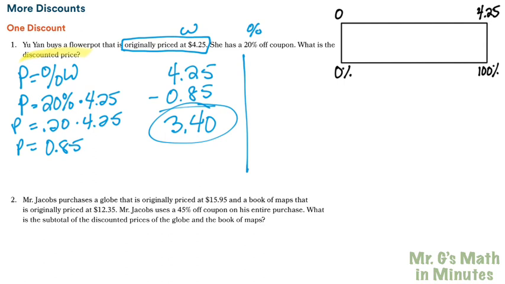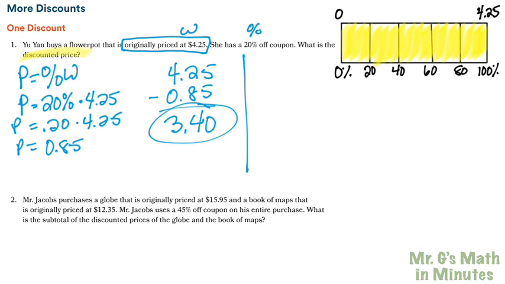And if they're taking 20% off, to go from 0% to 100% and get to 20, we would need 5 boxes. So 1, 2, 3, 4, 5. So that means that each of these is 20%, 40, 60, and 80. If we were buying this thing at original price, that would mean that we are paying the entire tape diagram amount. We're paying all of $4.25.